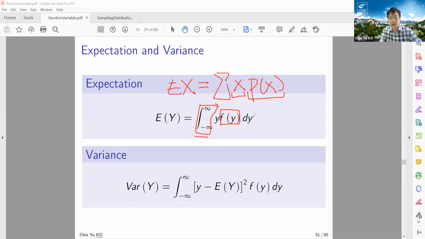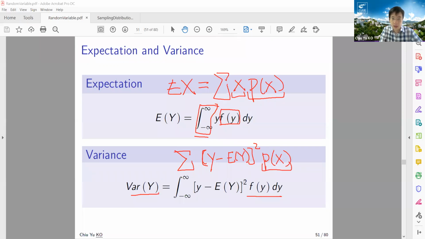If you learn physics or engineering, you will figure out this is a very natural thing to have. And the variance, again, is the same as the discrete version: the squared deviation from the mean, weighted by its probability. So this is the squared deviation, and this is the probability, the height. The same concept. I hope that's all right.